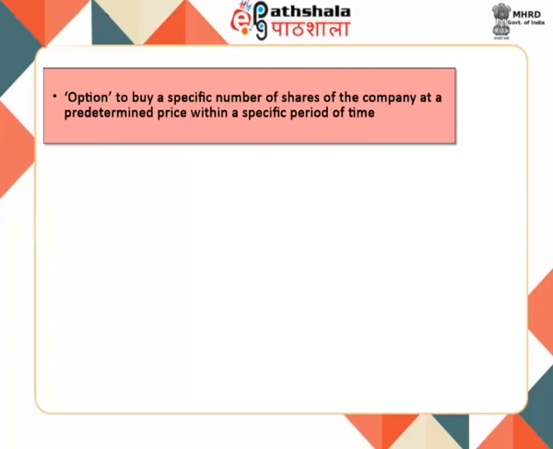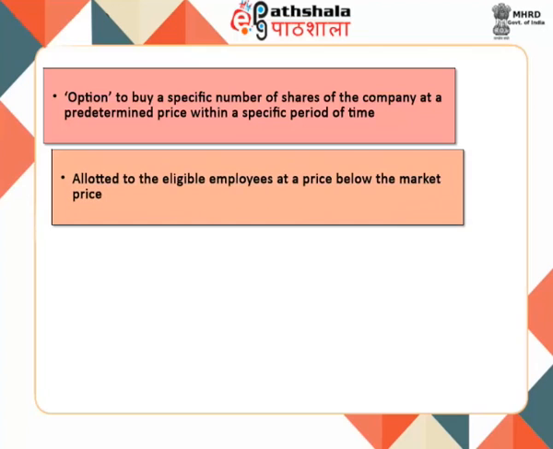Stock option is the option to buy a specific number of shares of the company at a predetermined price within a specific period of time. Under this, shares are allotted to the eligible employees at a price below the market price.